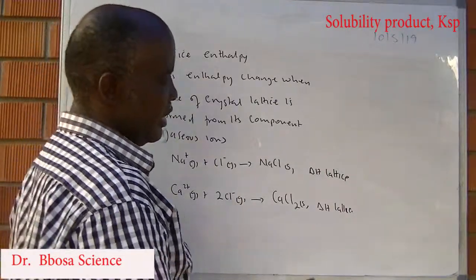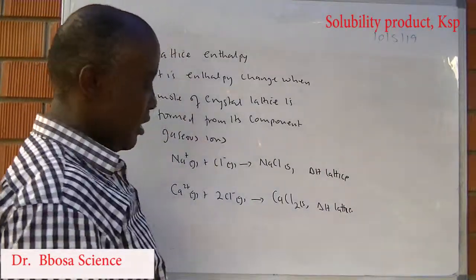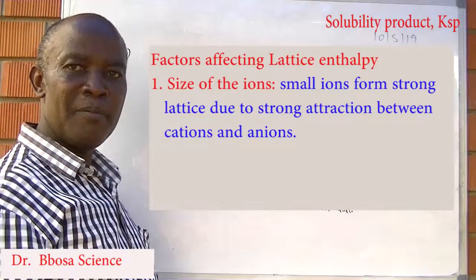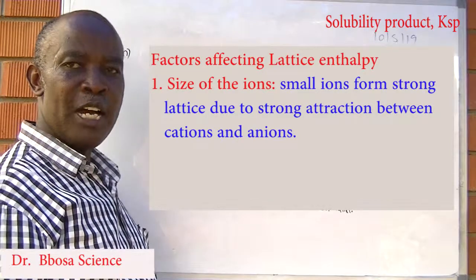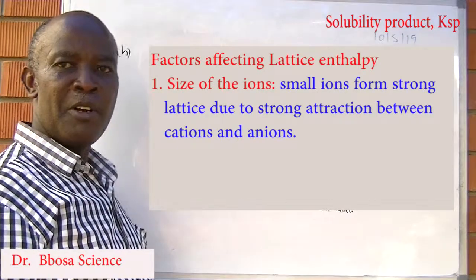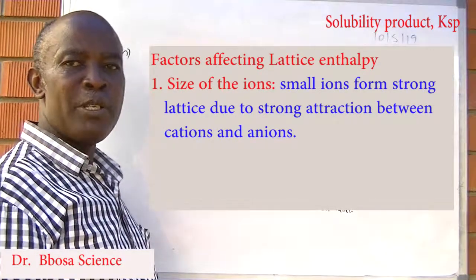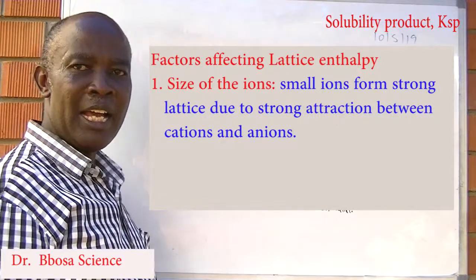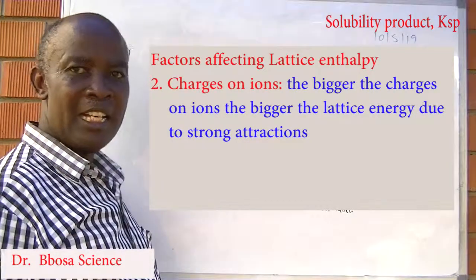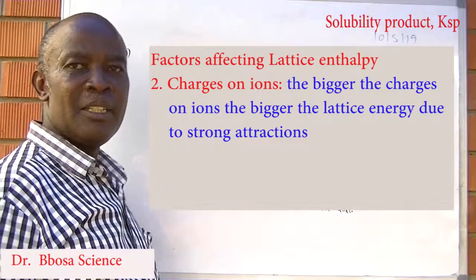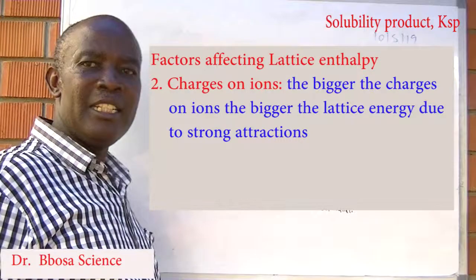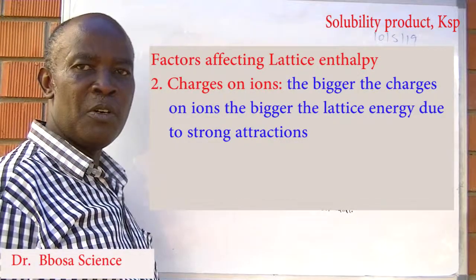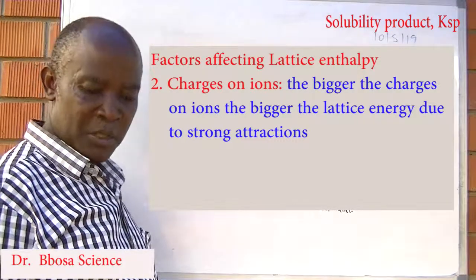Enthalpy change is lattice enthalpy. Factors affecting lattice enthalpy. One is the size of the ions. Smaller ions form strong lattice due to strong attraction between a cation and an anion. Then two, charges on ions. The bigger the charges on ions, the bigger the lattice energy due to strong attraction.